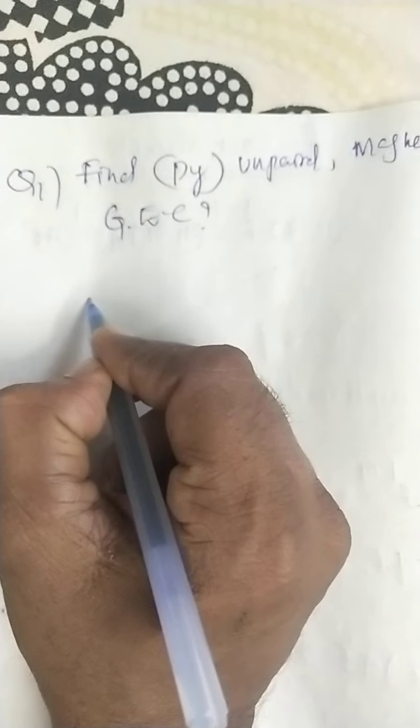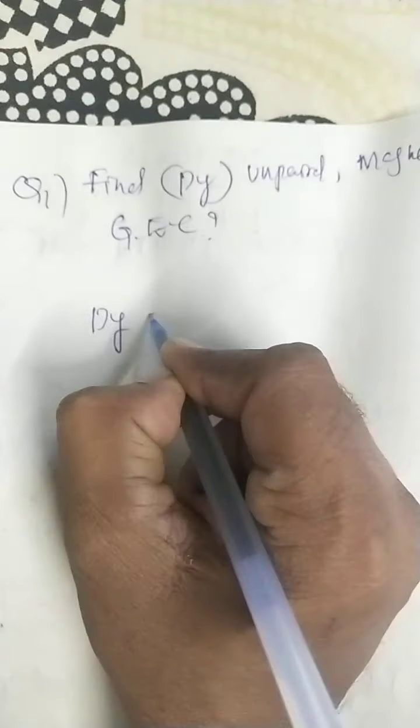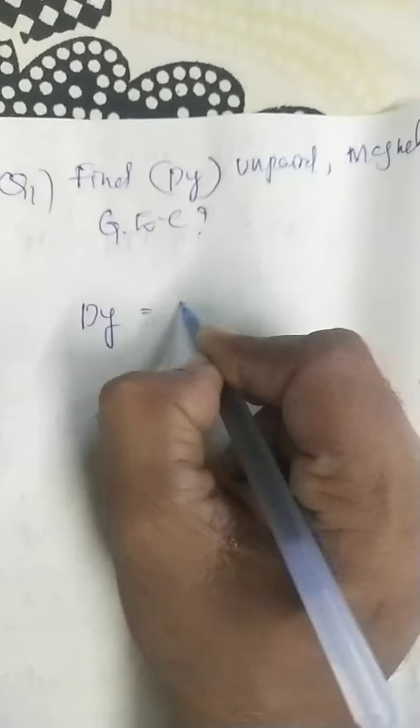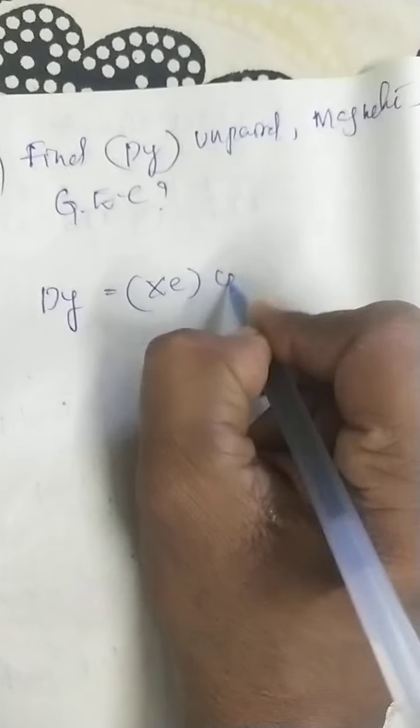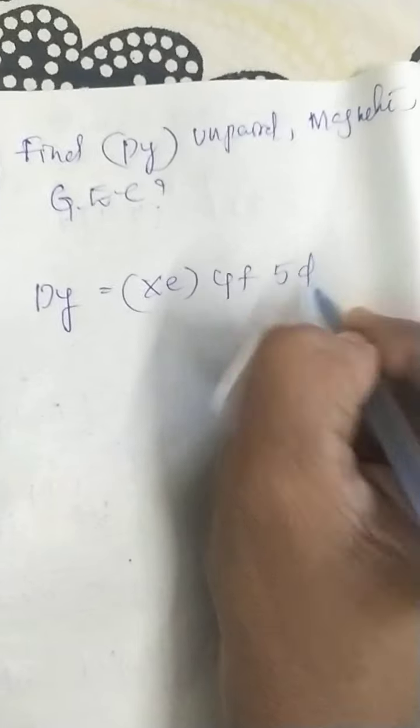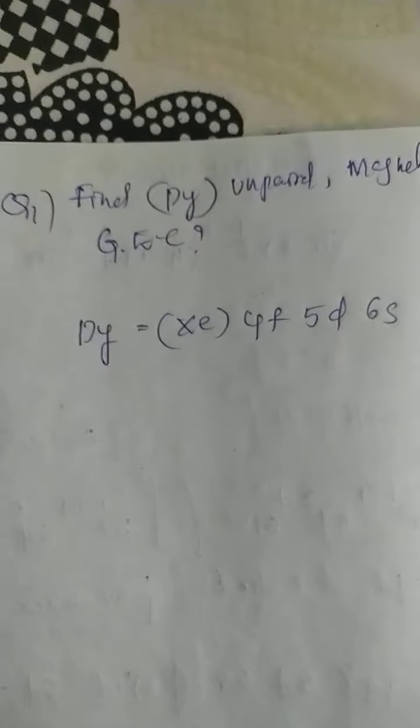First of all, dysprosium. What is the symbol of dysprosium? Dy, and the general representation of its electronic configuration is xenon 4f 5d 6s.